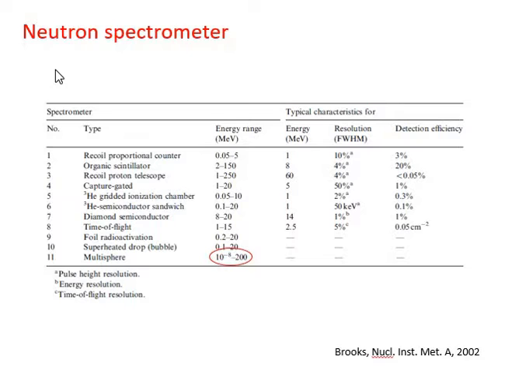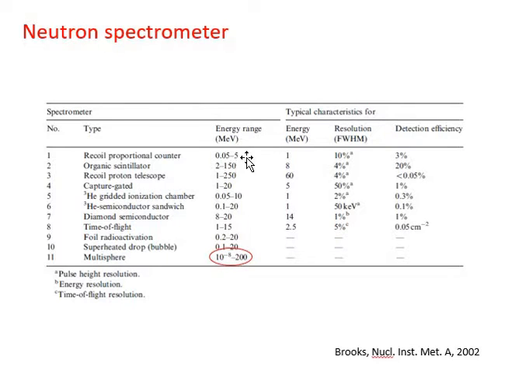To be able to measure the neutron energy spectrum, a neutron spectrometer is needed. This is a table that shows a list of types and characteristics of neutron spectrometers that have been developed, starting from the recoil counter, organic scintillator, capture gated, helium ionization, semiconductor, time of flight, activation, bubble, and multisphere.